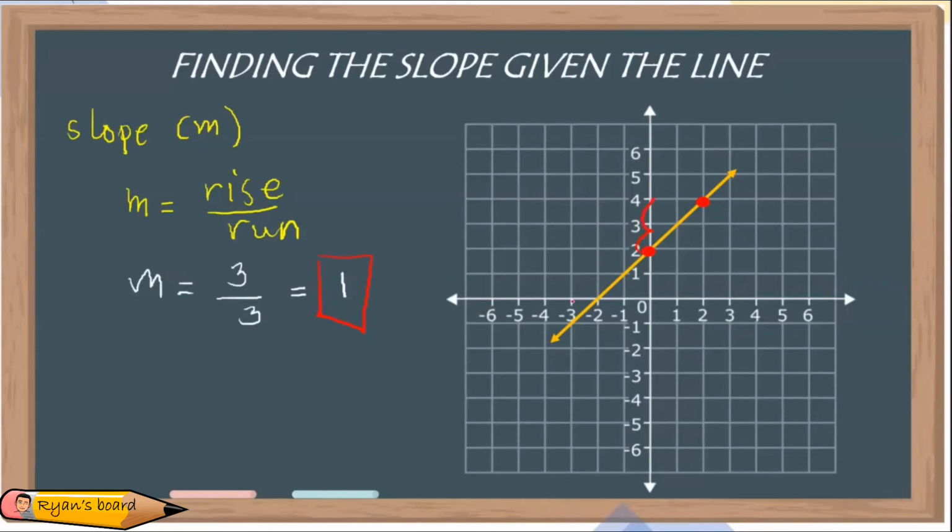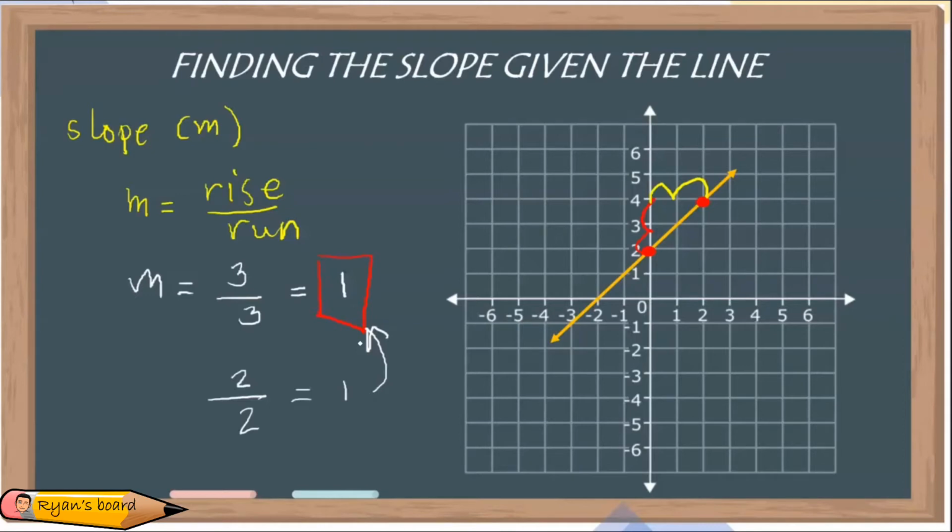So, our rise is 2. Over. Ilan naman yung kanyang run? 1, 2. So, that's also 2. So, what is 2 over 2? That is equal to 1. Diba? The same lang. So, ibig sabihin, kahit anong points ang kunin mo sa graph, basta 2 points, you will get the same answer.